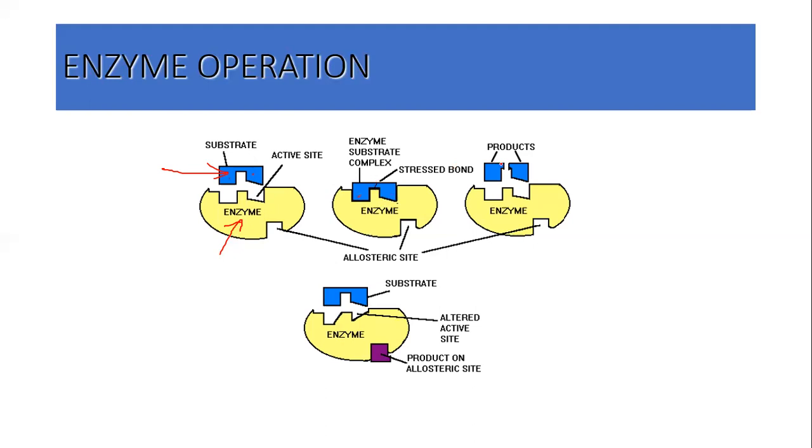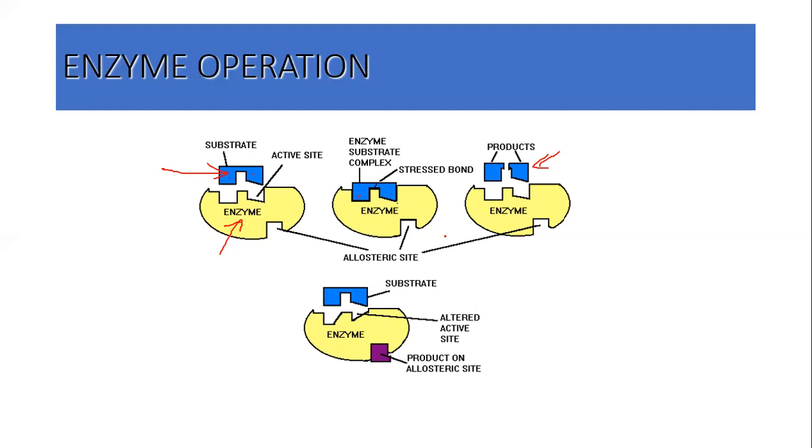And eventually that bond's going to break. And when it does, the two sugars come off as single monosaccharides, and we can use those as food. This is the process that we use to digest our sugar and other foods that we eat. We break them down by attaching them to proteins called enzymes, and the enzymes will cause them to break their bonds and become smaller molecules that we can use for food.